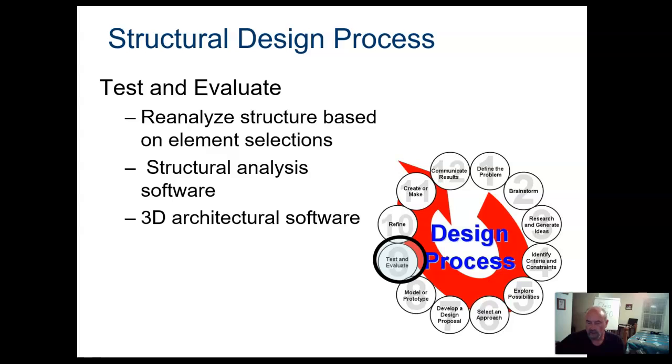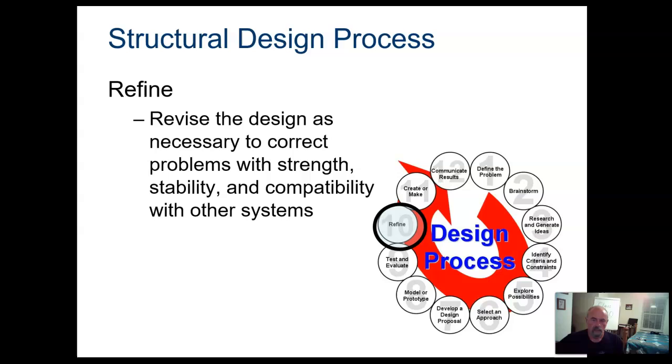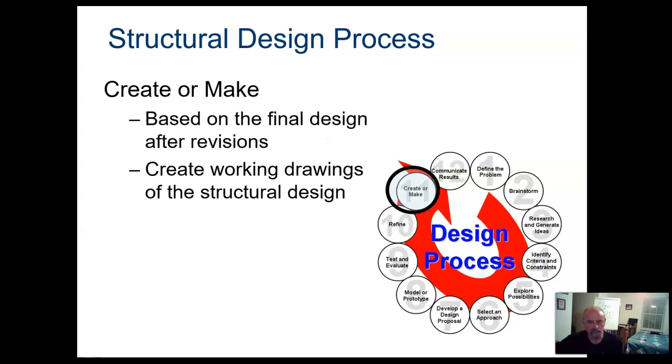Structural analysis software can check the strength and stability of a structural system, including all of the individually designed structural elements. And eventually, you refine the process and revise the design as necessary to correct problems with strength, stability, and compatibility with other systems.